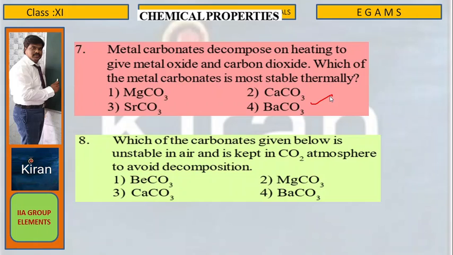To prevent this, they are kept in CO2 atmosphere. So, which is the correct option? Yes, the first option, beryllium carbonate. Because of anomalous property, it is highly unstable, hence it will be stored in CO2 atmosphere.